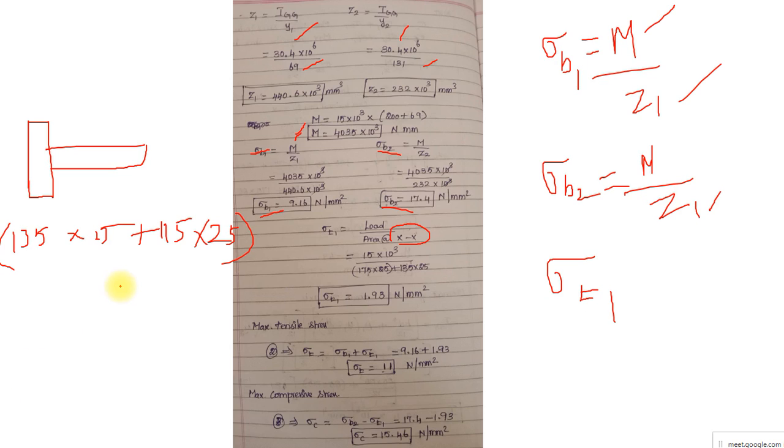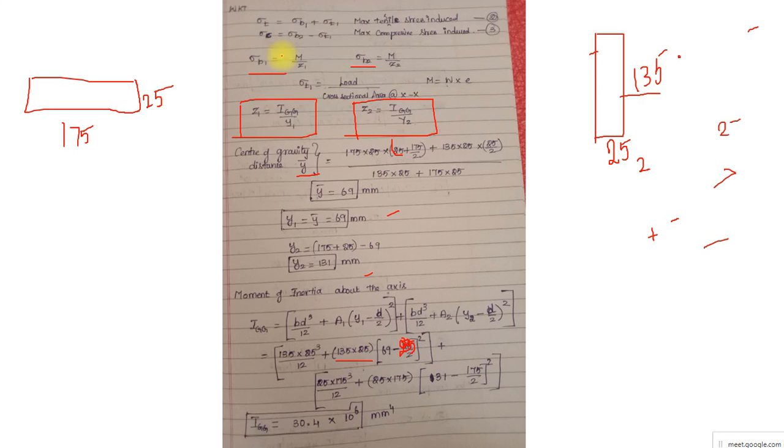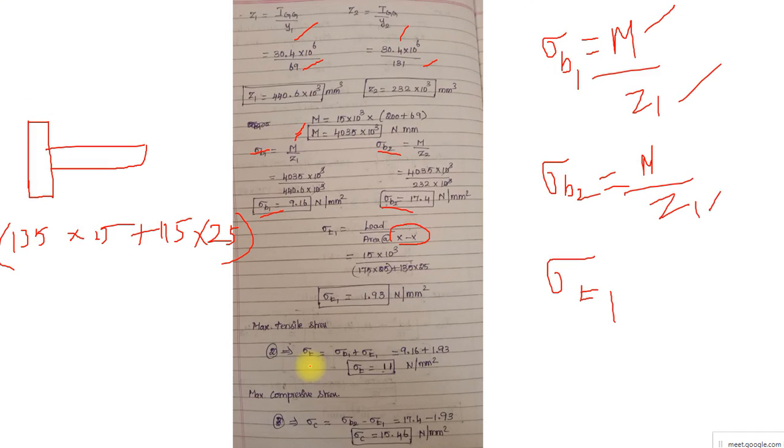I know the load, so dividing the load by this area value, I can find the sigma T1 value. Now I come back to the equation I wrote earlier: sigma T is equal to sigma B1 plus sigma T1, and sigma C is equal to sigma B2 minus sigma T1. I rewrite the same equation.